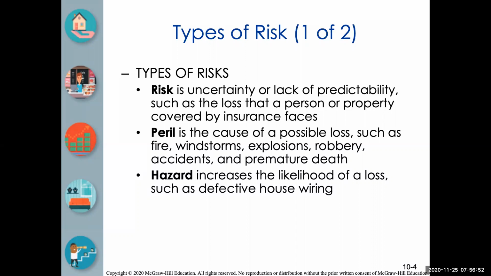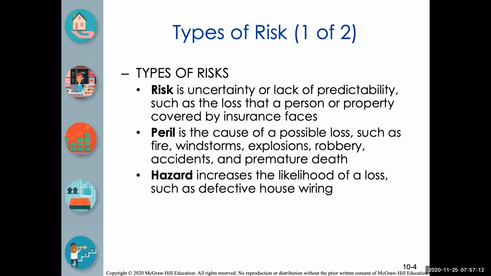How much risk is associated with our homes here in the state of Maryland being swept away by a tornado compared to, say, if we were living in Iowa? Significantly lower risk. So we have less uncertainty.